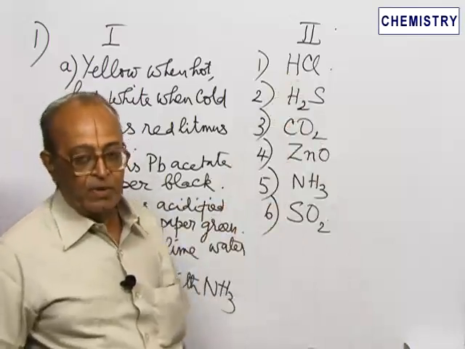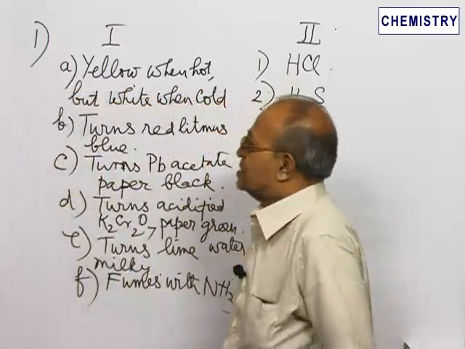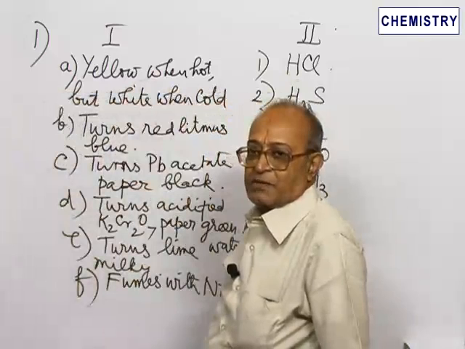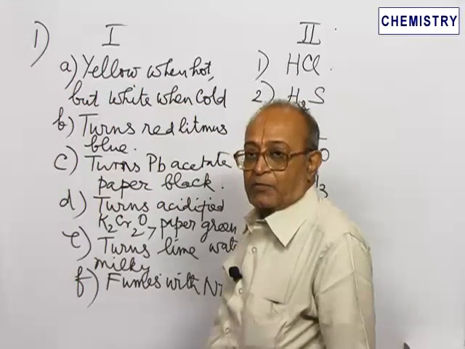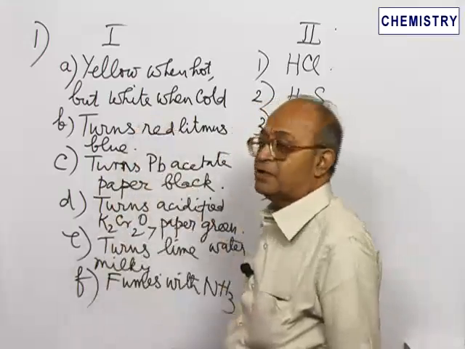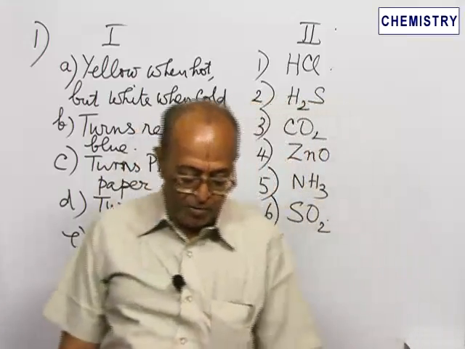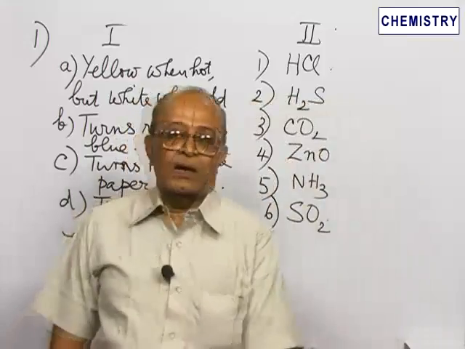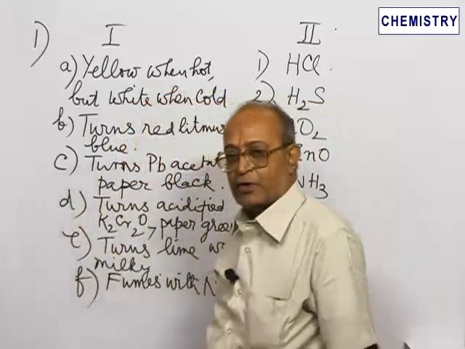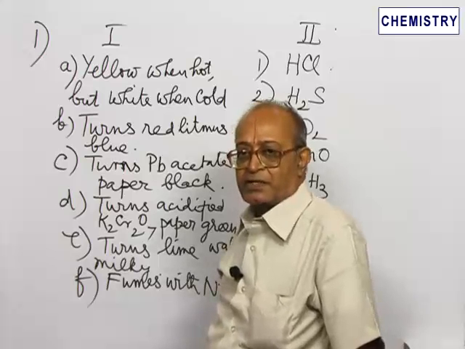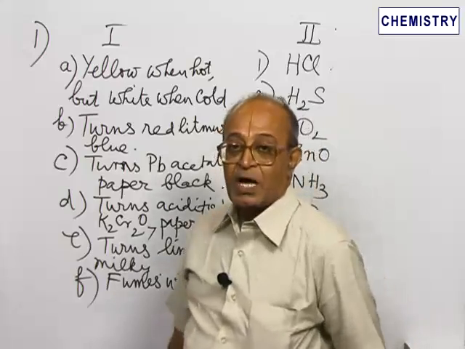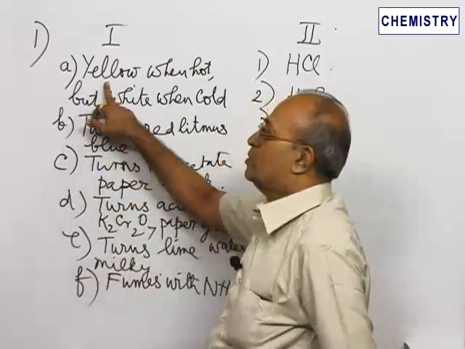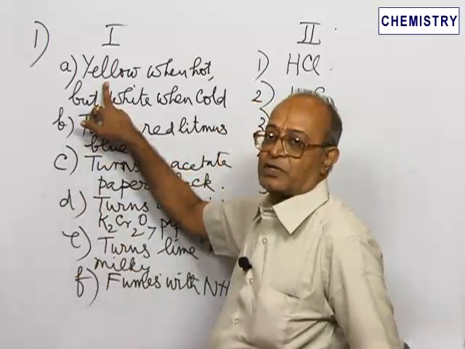Now, for example, let us consider a substance on heating becomes yellow in color, but on cooling it turns white. Probably you remember in the last class itself, at the beginning of our discussion, I have told you action of heat is an important reaction, and usually zinc salts will undergo this type of change.